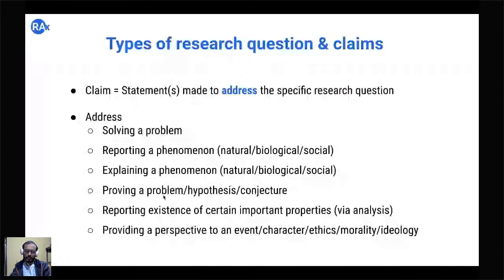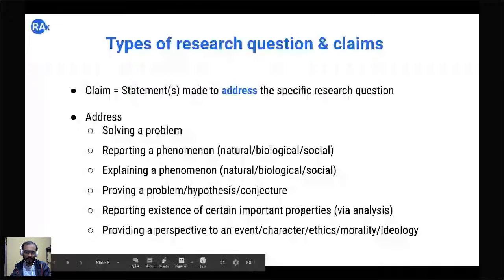The fifth category is where your research question is essentially to dig deep into a particular entity and to show certain important properties of that entity.